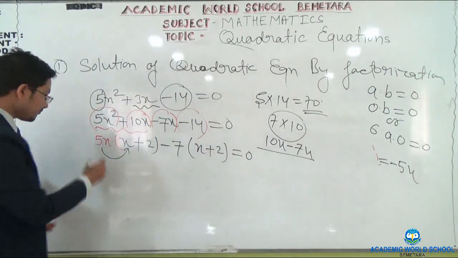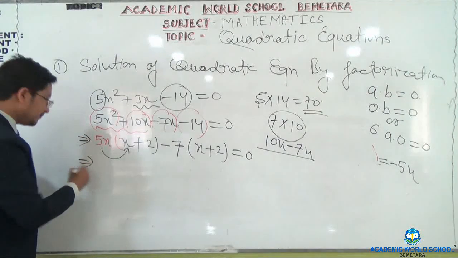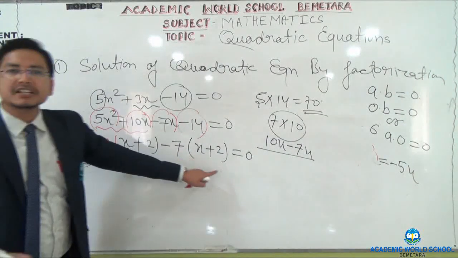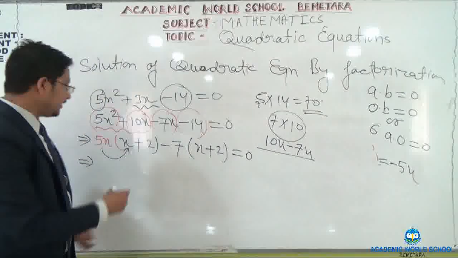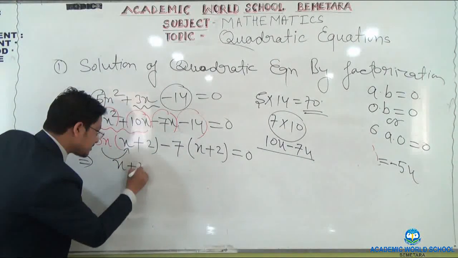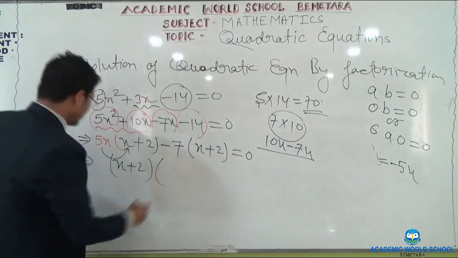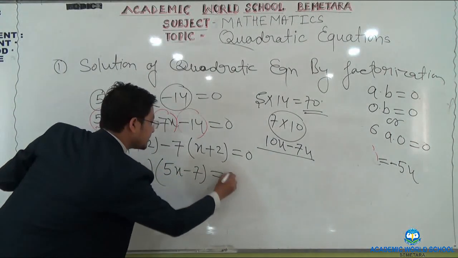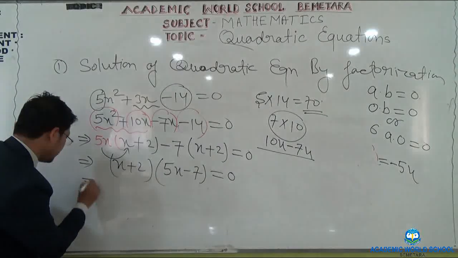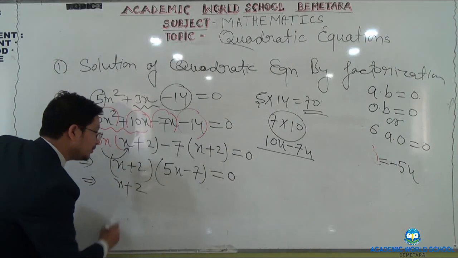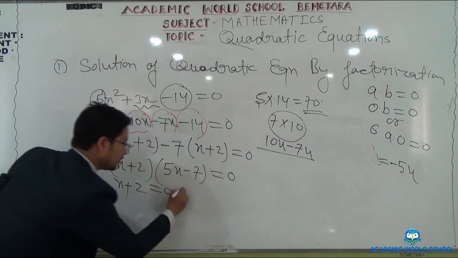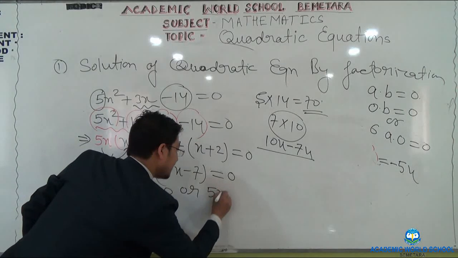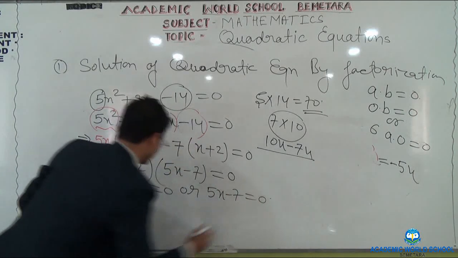Now in these two terms, x plus 2 is common. If we take out x plus 2, we have 5x minus 7 is equal to 0. So x plus 2 is equal to 0, or 5x minus 7 is equal to 0.